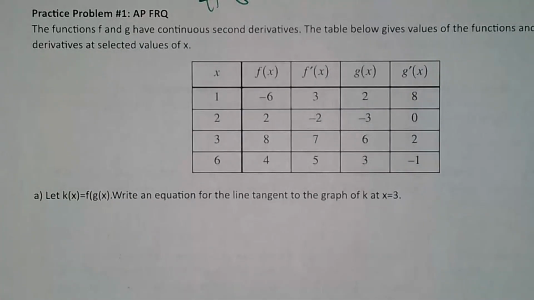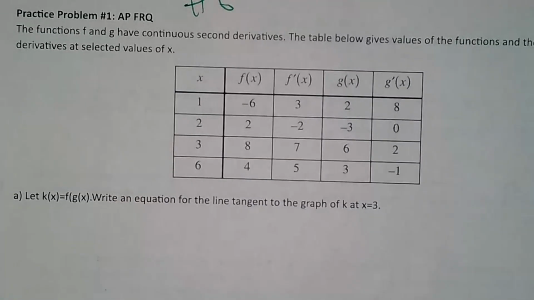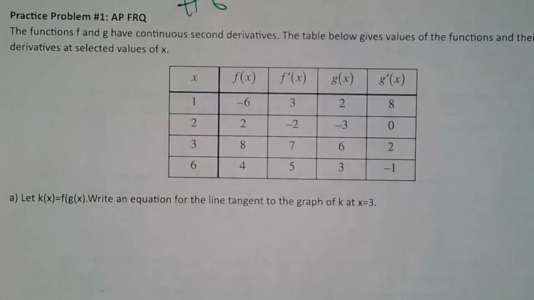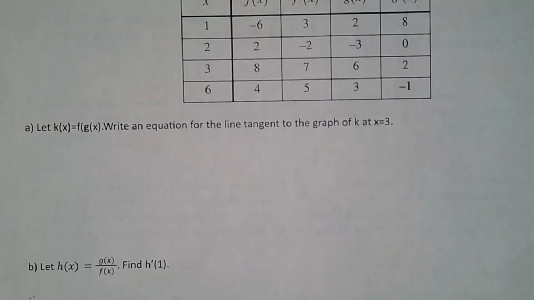It's actually fairly straightforward if you know what it's asking for. So you've seen this before. We have a table of values. We have the derivatives and outputs of those different values. And we have our first question here, we have a k, and we want the equation for the line tangent to the graph of k at x equals 3.